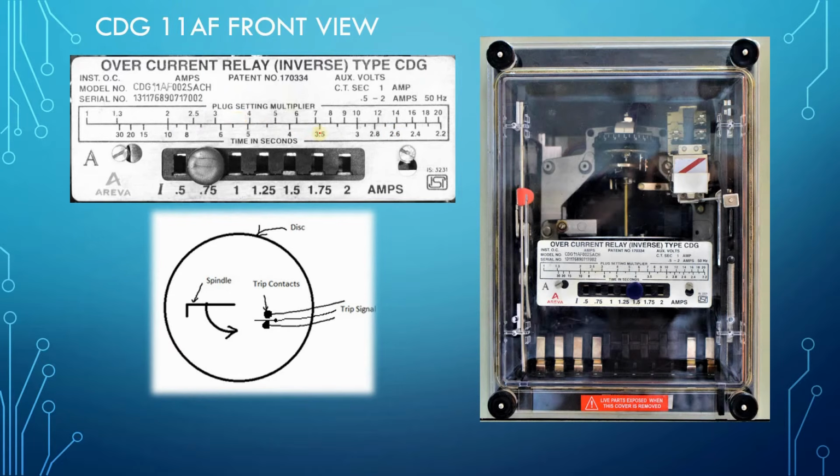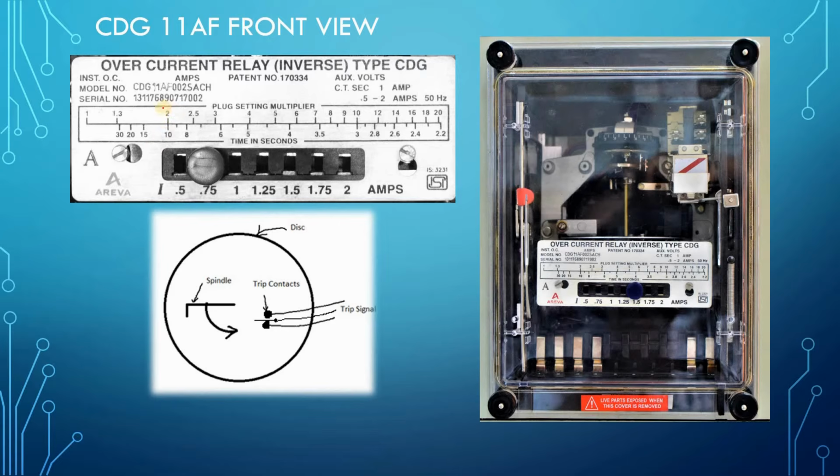What is PSM? PSM, you know, is the ratio of fault current upon plug setting. So this is the ratio of the fault current we are applying divided by the plug setting. That means if PSM is 2, it is telling that the time will be 10. So what is this time? This time is nothing but the calibrated operating time.